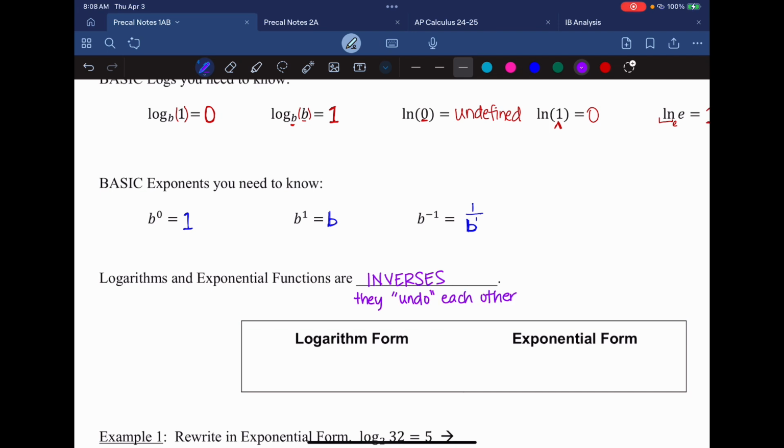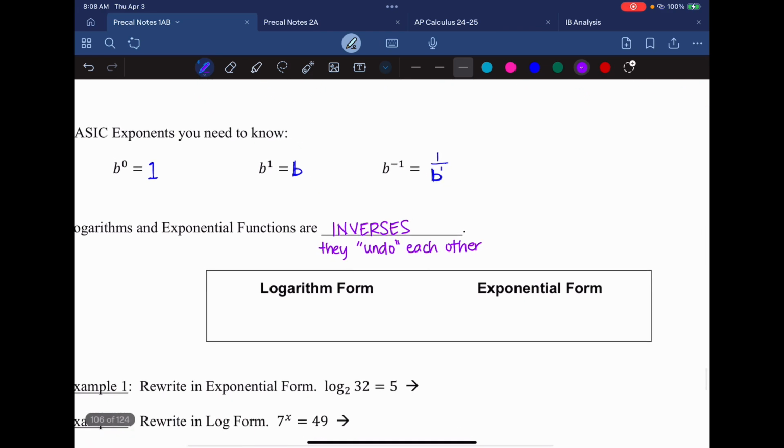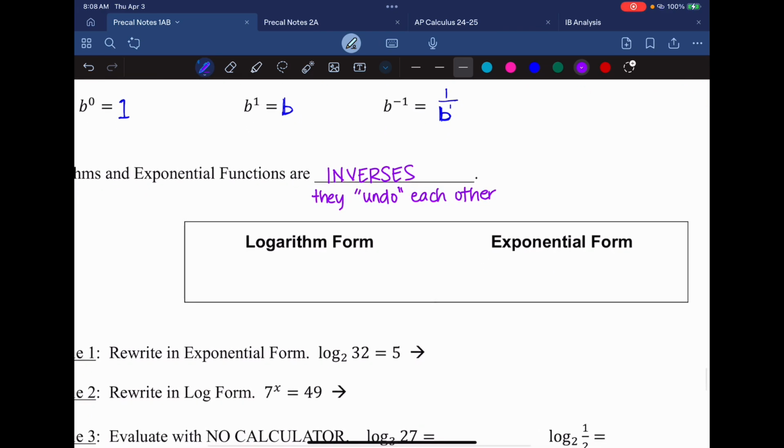So that is why we teach them together, because in order to solve log equations, we have to use exponents. In order to solve exponential equations, we have to use logs. So our log form and our exponential form, you need to be comfortable converting between the two forms.